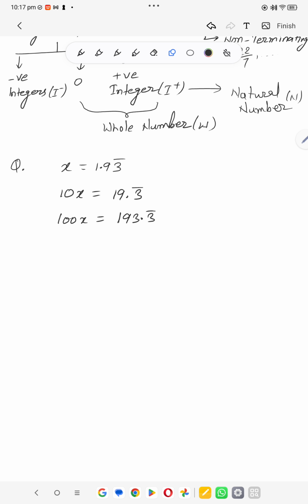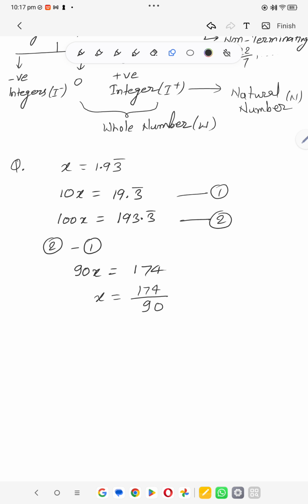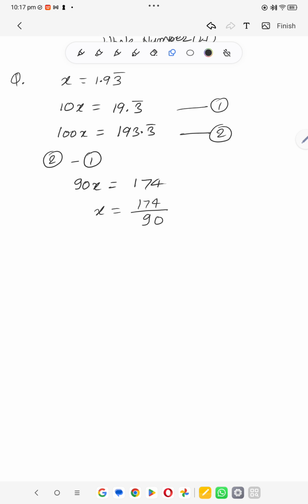Now subtracting 2 minus 1, we will have 90x equals 174. The recurring part will vanish because in both there is 0.3 recurring, so it comes out as 174 by 90. We can simplify it as well, but there is no need of that.